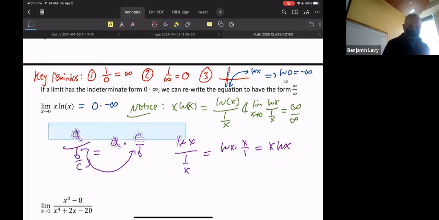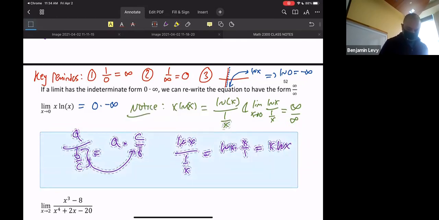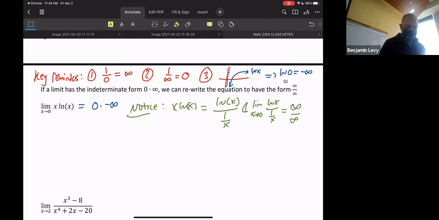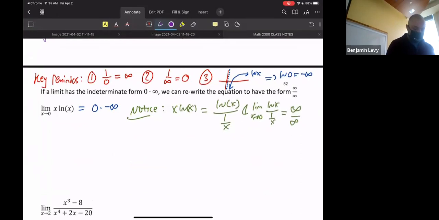I'm going to delete this stuff to finish this one off. Okay, so let's finish it. Again, this is all just scratch work so far. Let's actually do the problem. So our original problem said this. We didn't really know what to do.